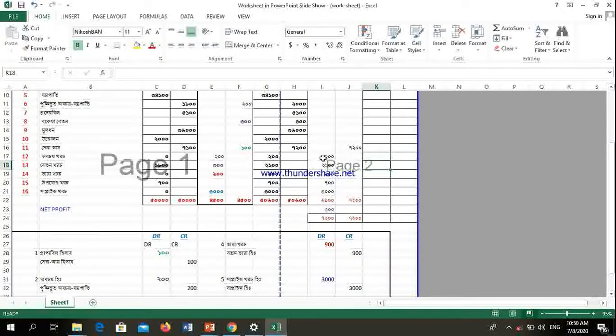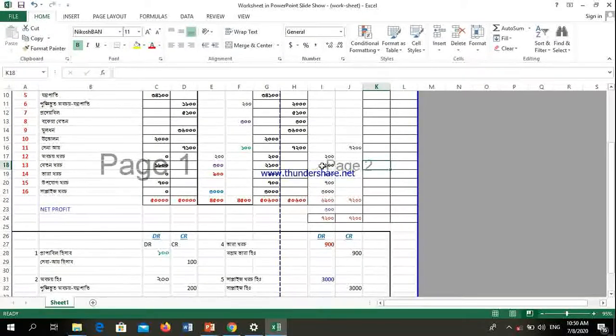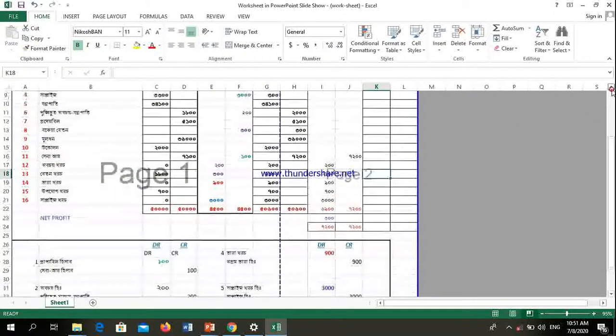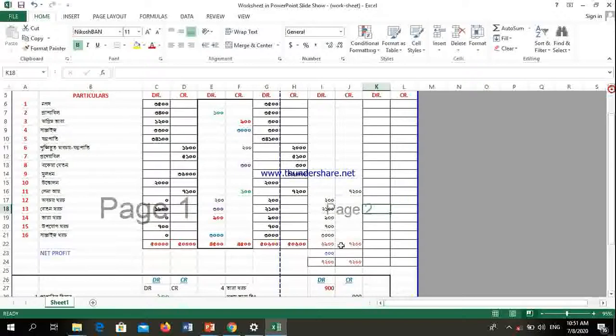How much amount? 200. Next one, salaries expenses. Next one, rent expenses. Next one, utilities expenses and supplies expenses. In total, the expenses amount is here 6,900.